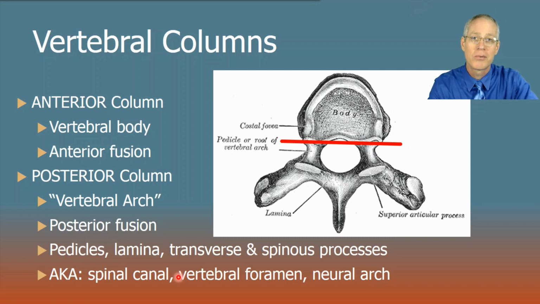The neural foramina are where the nerve roots exit from the spinal cord, whereas the vertebral foramen technically is the spinal canal where the spinal cord passes through. Then embryologists and biologists sometimes will refer to it as the neural arch, and that's a certain way of differentiating vertebrates from other animals too, but once in a while you'll see that. So the posterior column is comprised of the pedicles, lamina, transverse, and spinous processes, and we'll spend a bit of time looking at each of these in a moment.